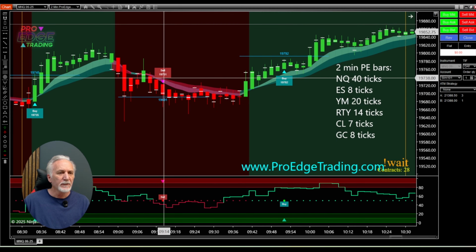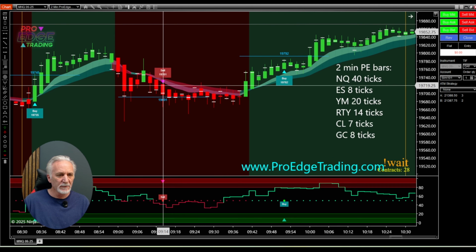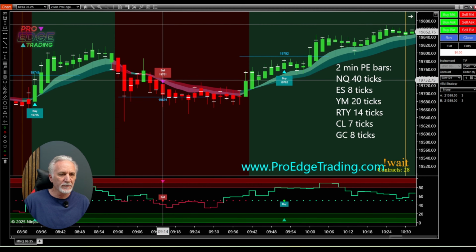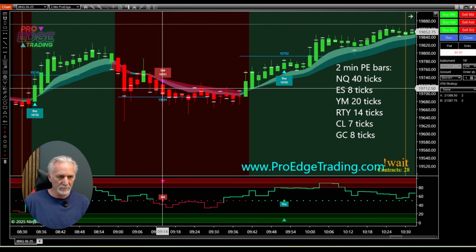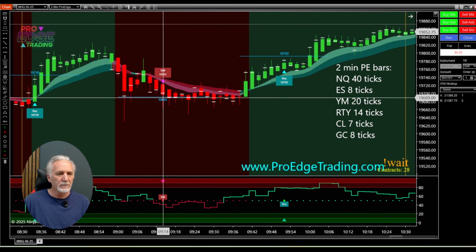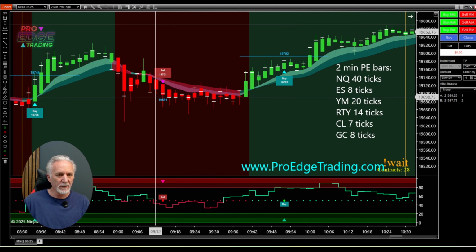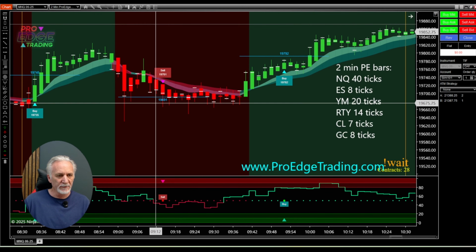And your stop goes above the edge band, or at least above the candle or the edge band. We prefer the edge band. And your target is drawn on here for you. You can turn that on or off, but there it is.